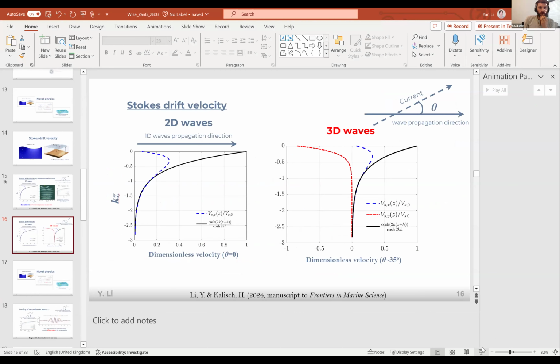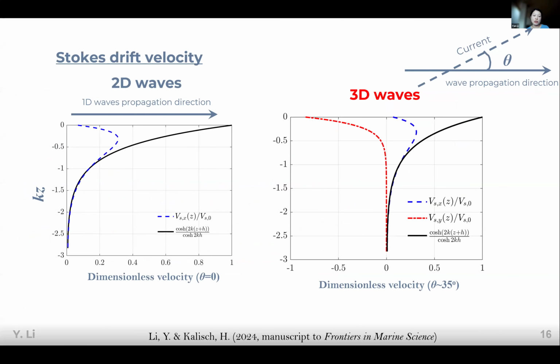If you take a look at this 2D case, the black line shows the classical result, magnitude 1 at the surface, and the Stokes drift in this particular case is 30% of the classical result. So the Stokes drift will be 30%, but your current field, the magnitude of your current relative to the magnitude of the Stokes drift at the surface, do you have an idea of the ratio?